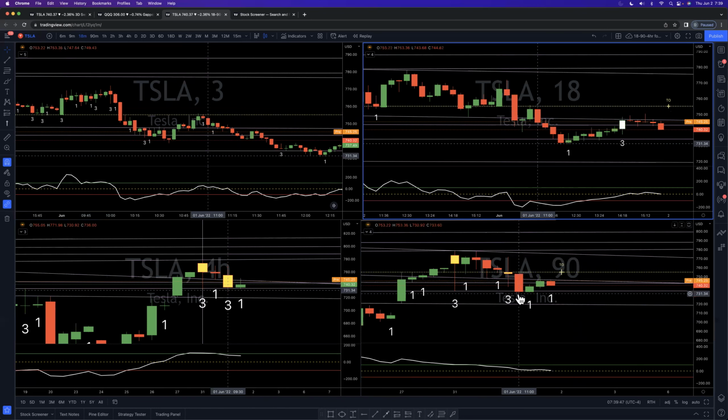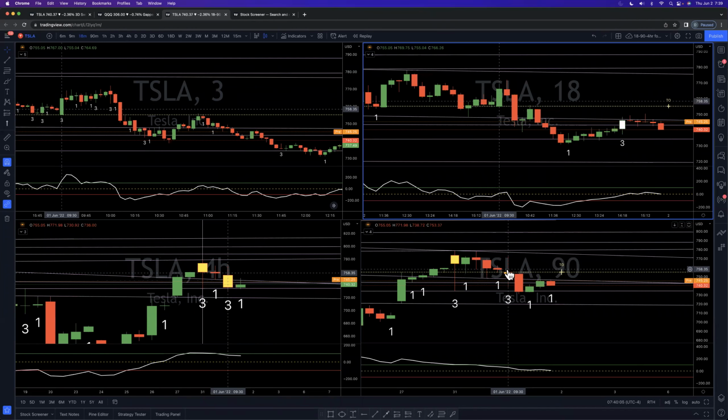Don't get me wrong, I would miss some on the 60 flips, but I've become content with that. So here's the 90-minute flip. Here's the other thing that I saw. Wait a minute, this is an outside doji on a 90. There's no direction here, so I'm not going to take this. But then this happened.